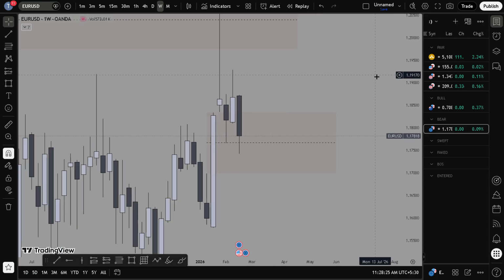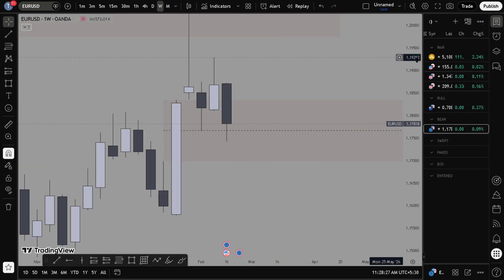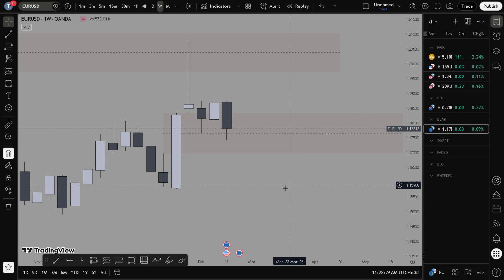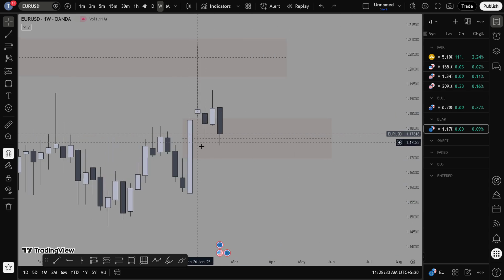What happened? The Feb candle opened up, then we came back to this fair value gap and got a little bullish reaction. In week number three, we tanked once again. So what do you think is going to happen in week four, the coming week?